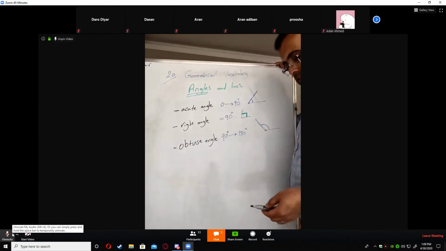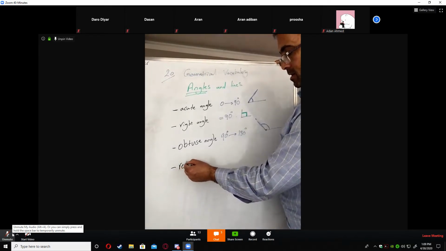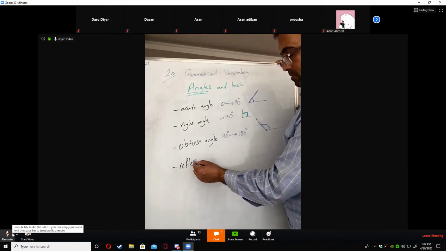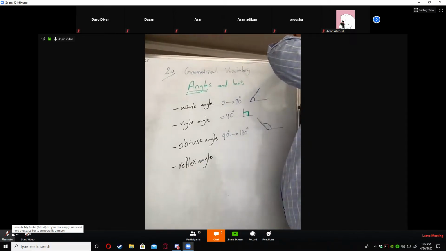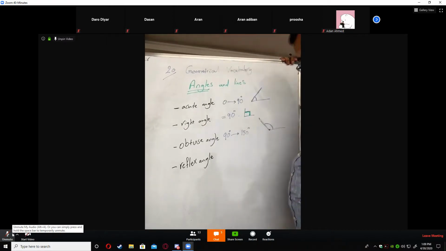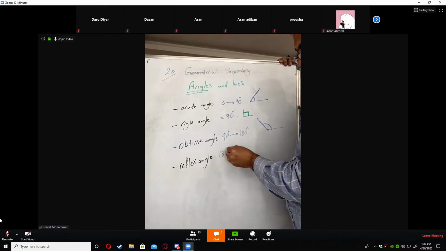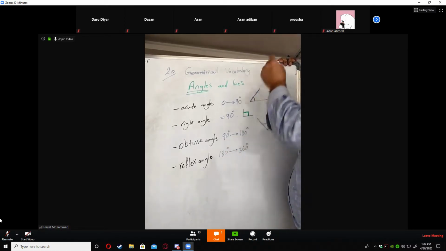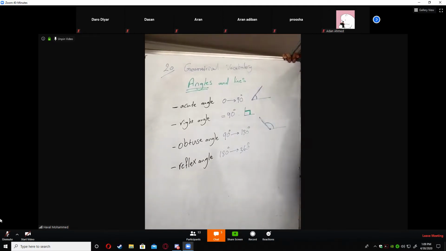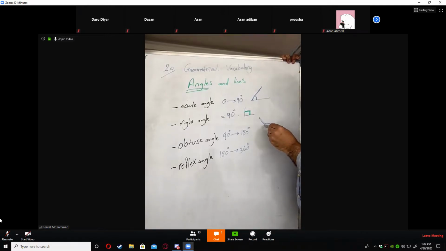The next one, maybe a little bit confusing, is the reflex angle. And what's a reflex angle? It's from 180 to 360 degrees. If I draw that in a diagram, it will be this angle.